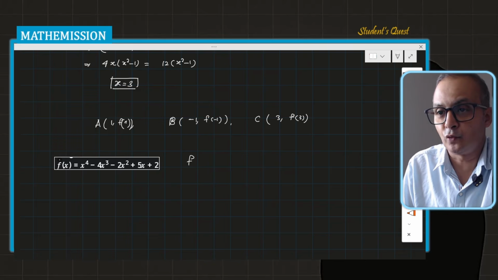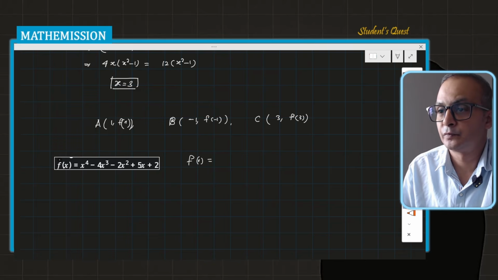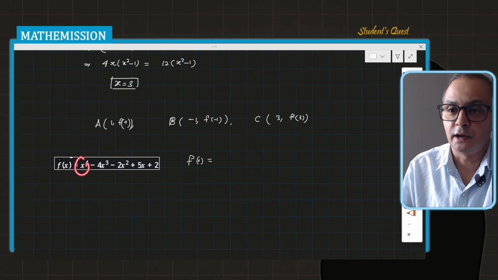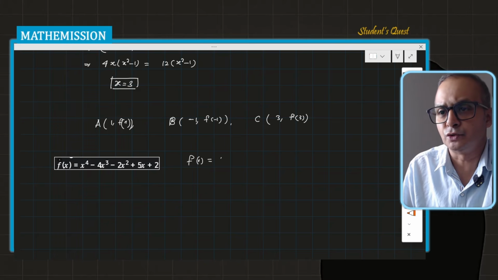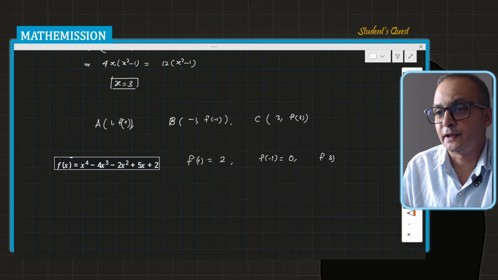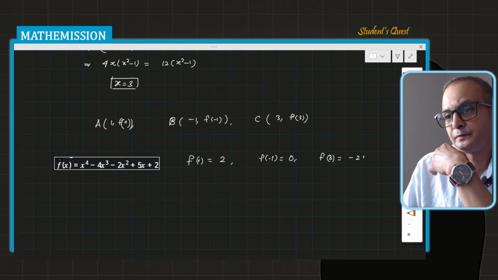At 1, f of 1 is going to be 1 minus 4, and we calculate it, I think f of 1 will be 2. What is f of minus 1? f of minus 1 will be 0, and f of 3, if you calculate, you will get minus 28.